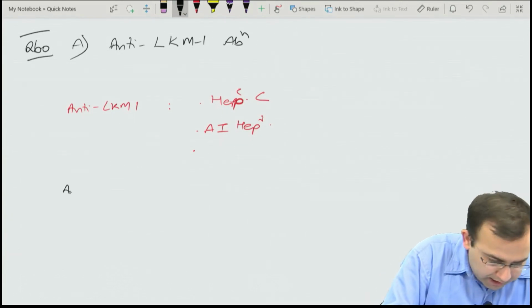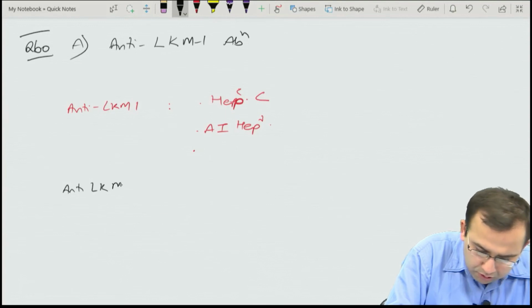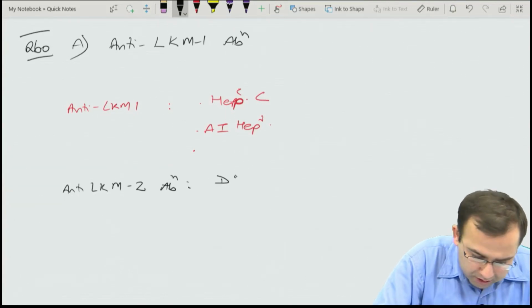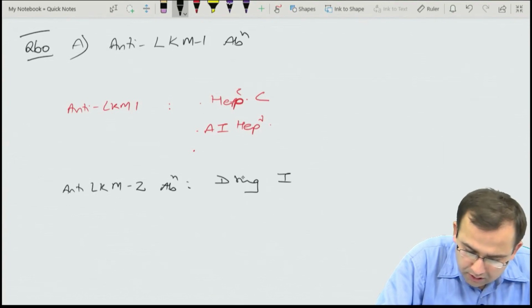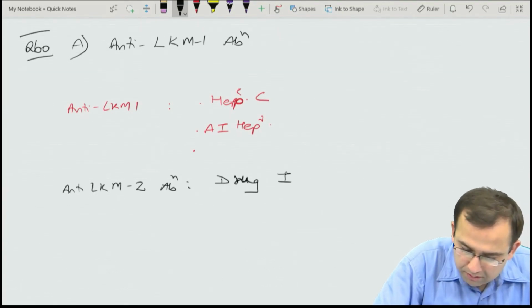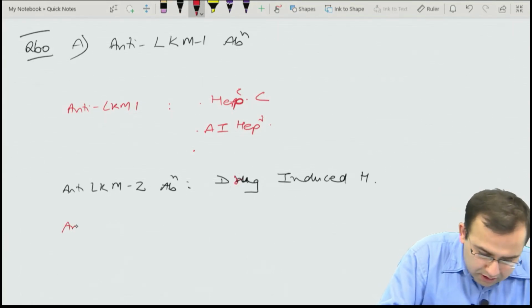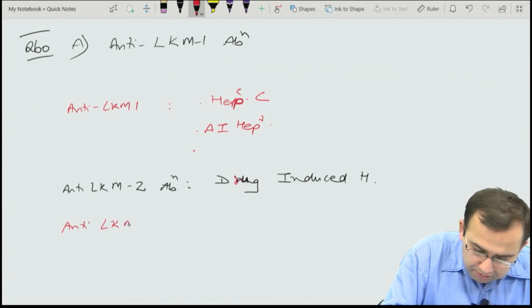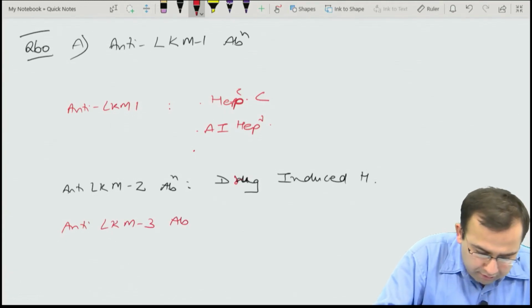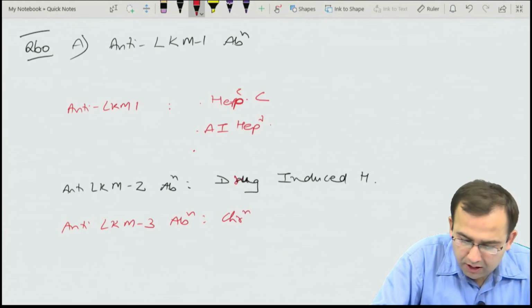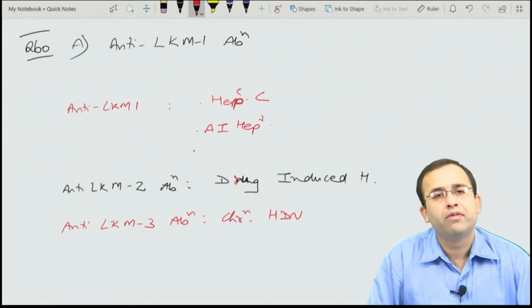Next, anti-LKM2 antibody is associated with drug-induced hepatitis, versus anti-LKM3 antibody, which is with chronic hepatitis D virus.